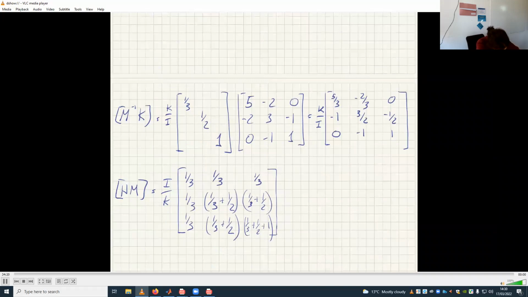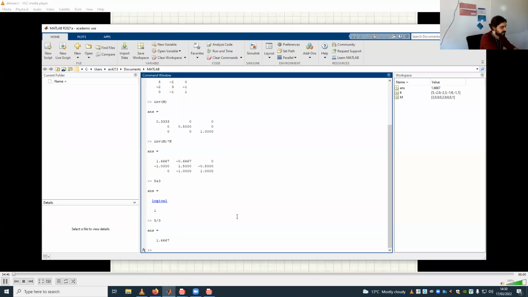Times the mass matrix equals. Now this I will do with MATLAB because it's much more complicated. Well, it's not much more complicated, but it's definitely more of a problem to do by hand.